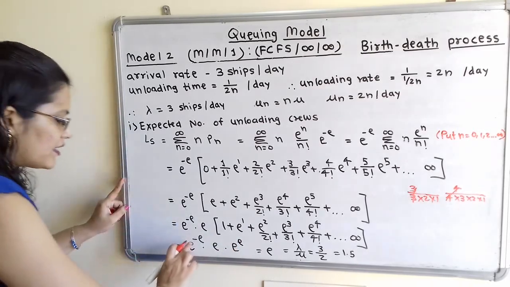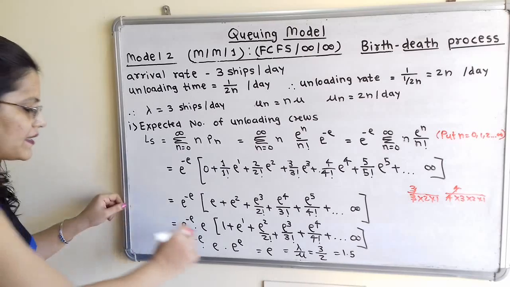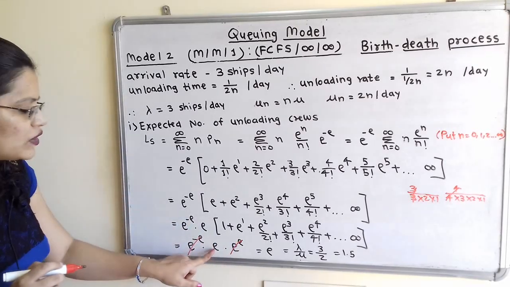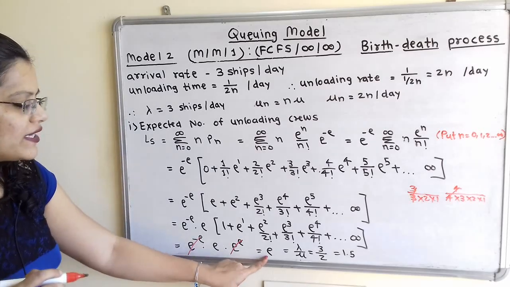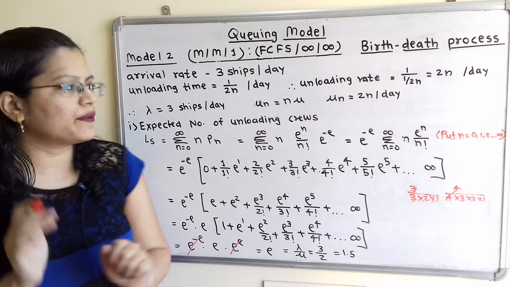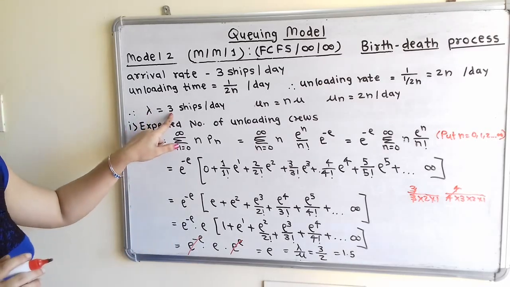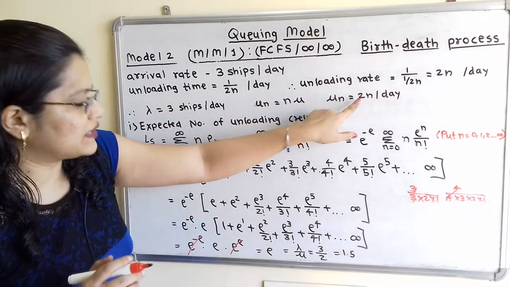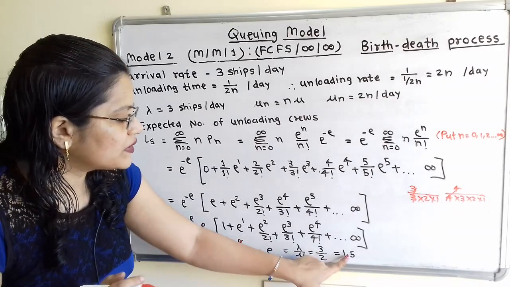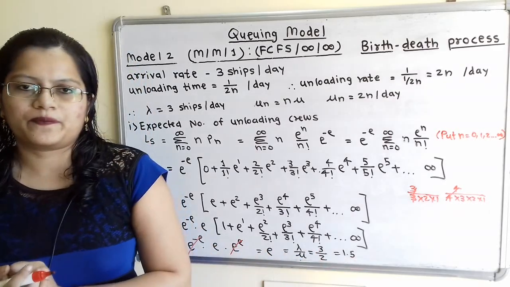Here e raised to minus rho is already present, so e raised to minus rho and e raised to rho cancel, and the only value left is rho. Rho is the utilization factor, which is equal to lambda by mu. Lambda is given as 3 and mu, that is mu n, is 2. So we take 3 divided by 2, which is equal to 1.5.